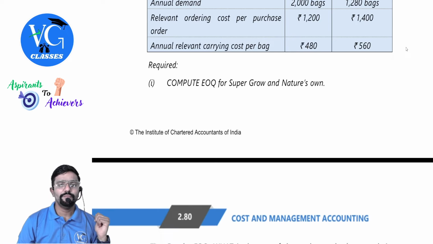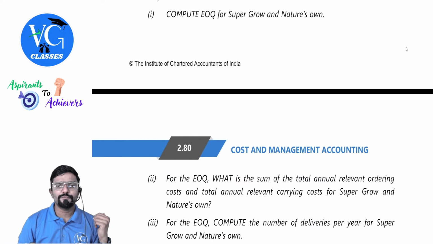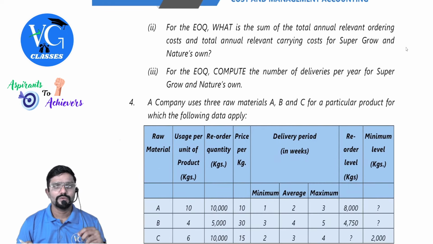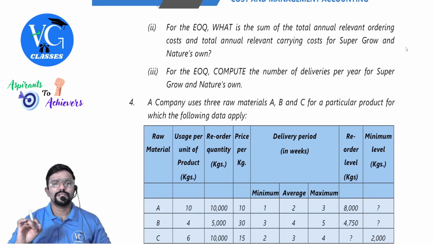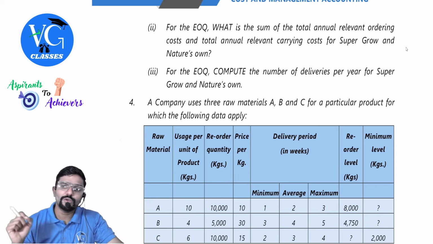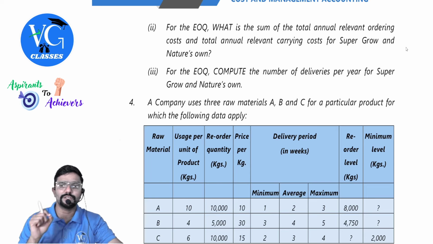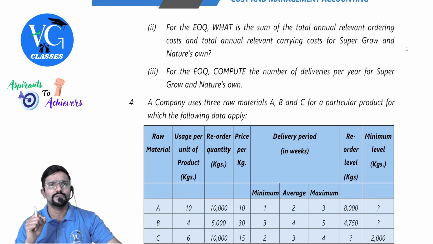Required: compute EOQ for Super Grow and Nature's Own, and also two more sub-questions. For the EOQ, what is the sum of total annual relevant ordering cost and total annual relevant carrying cost for Super Grow and Nature's Own? Means they are asking you to calculate total ordering cost and carrying cost.